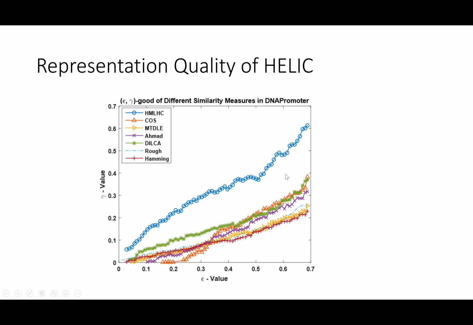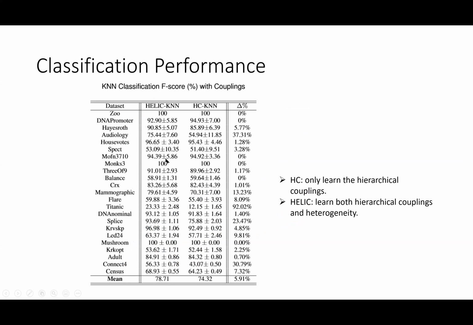That's why the performance is better. And we can further do an ablation study to see whether the coupling or the heterogeneity, or both combined, make more difference, and we see heterogeneity is also important. It could contribute on average 60% of the result improvement.